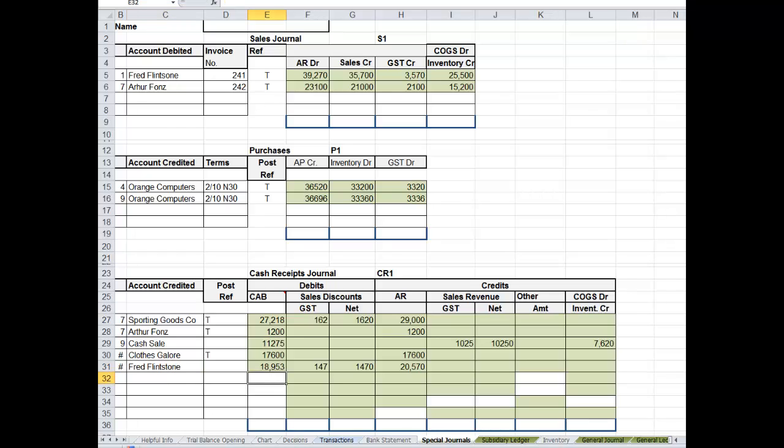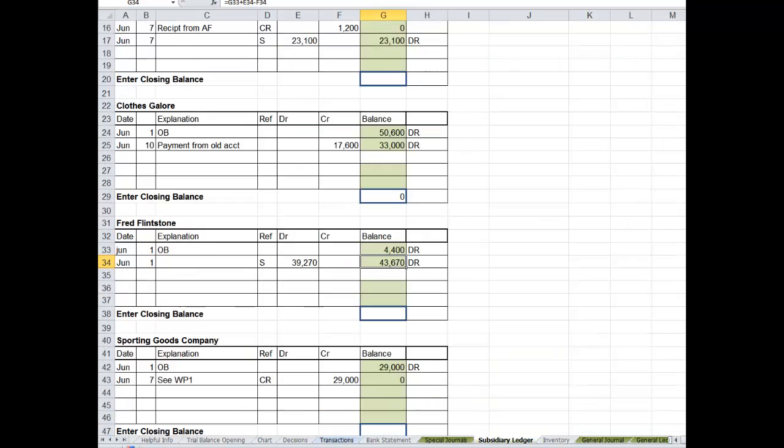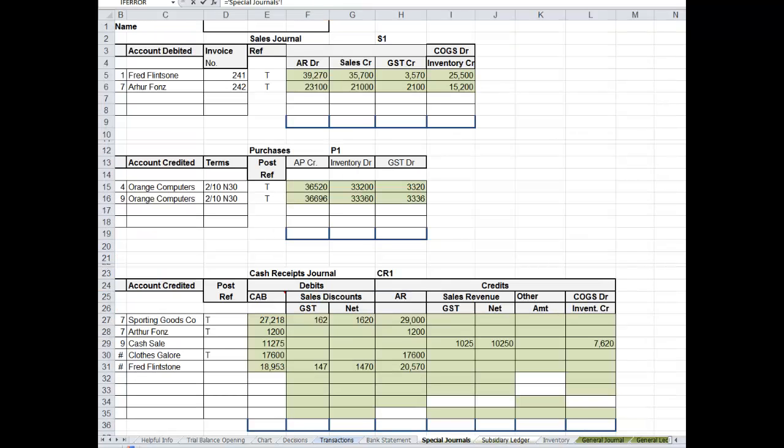Now let's post this to the subsidiary ledger, Fred Flintstone, and I am going to miss a line here. June 10, and it is a credit because he has paid.